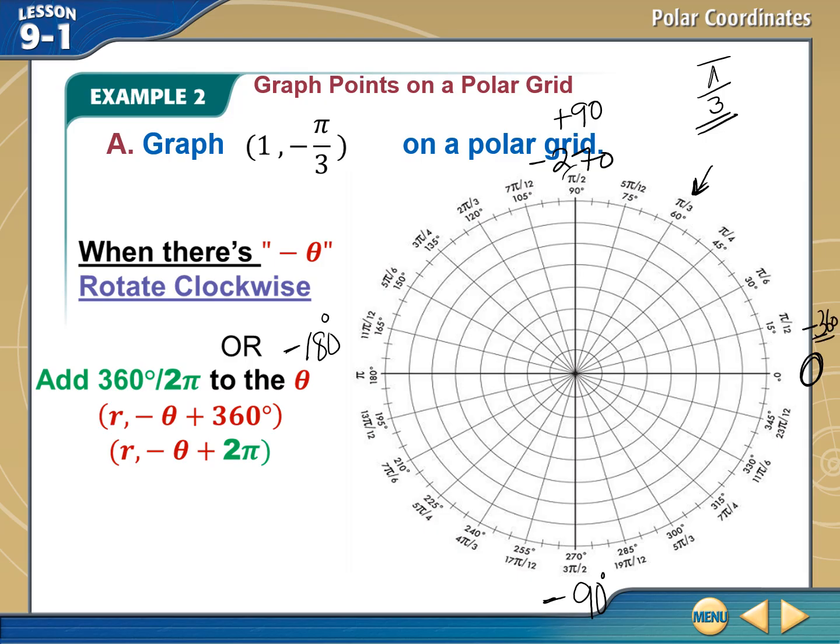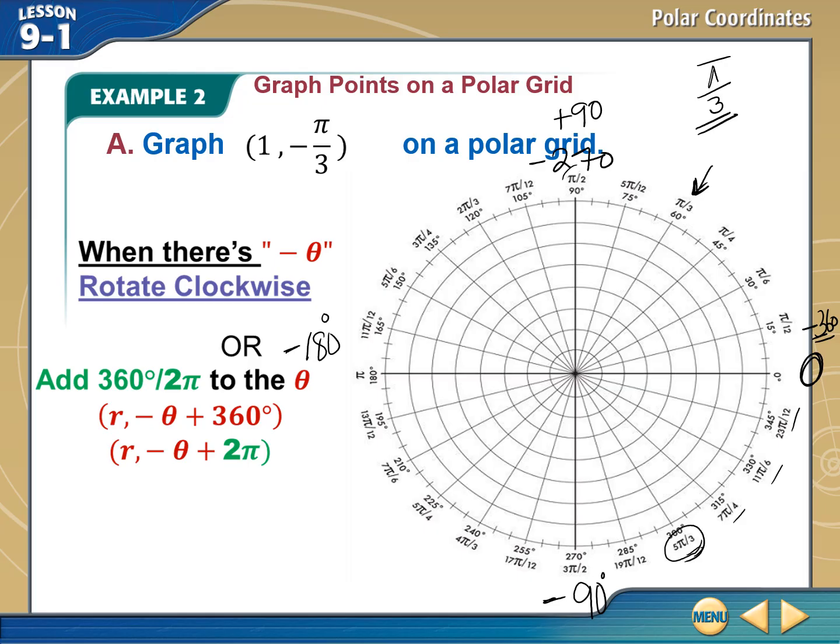First of all, in this direction I am going. Now pi/3 in the negative direction. So I am going in this direction and I will see where the fraction is divided by 3. Here it is divided by 12, divided by 6, divided by 4, and yes, I need divided by 3.